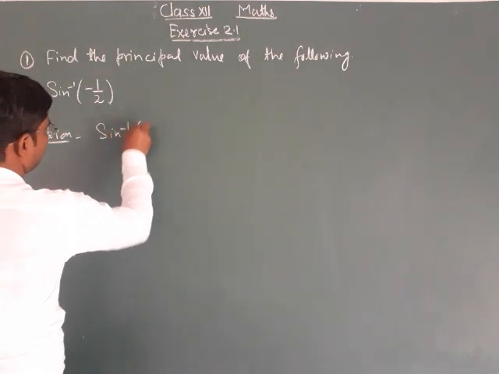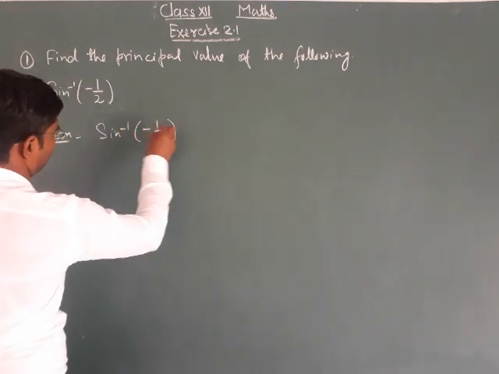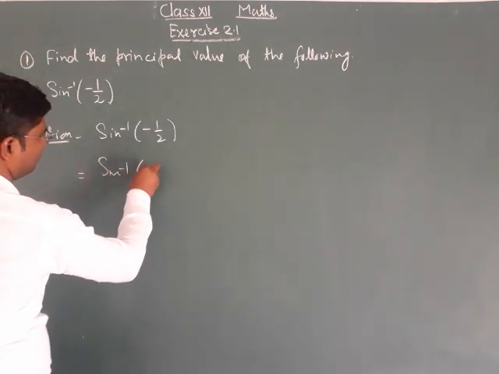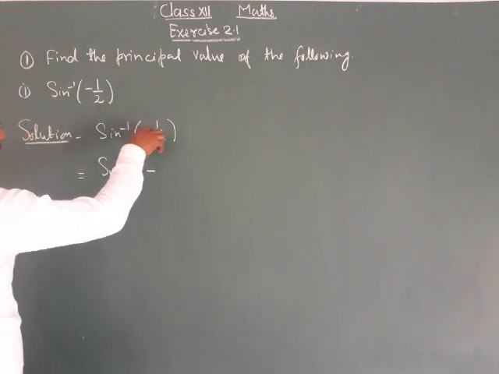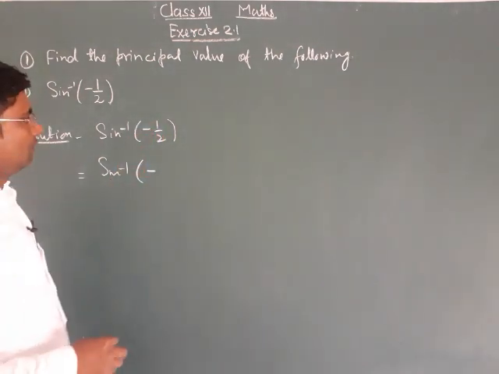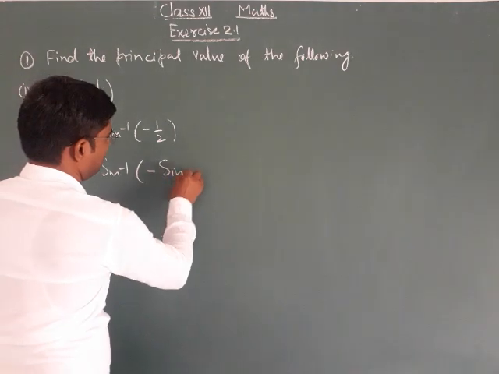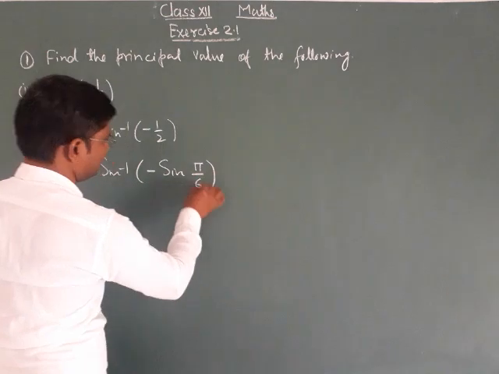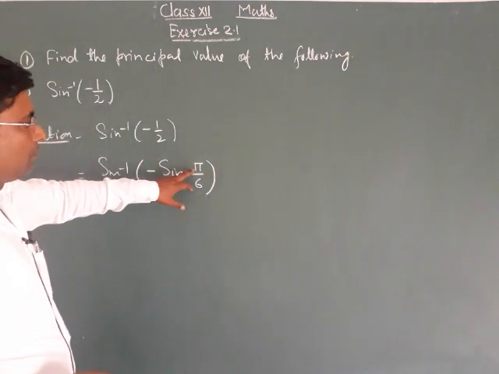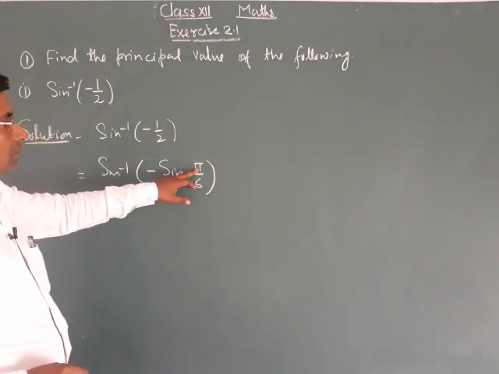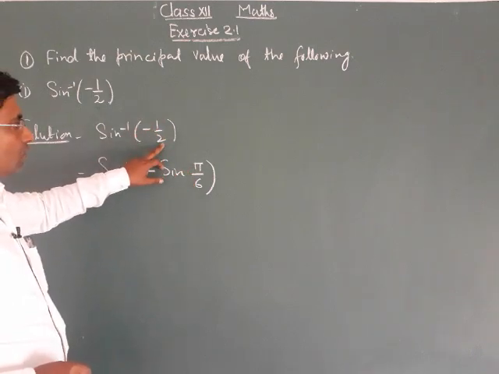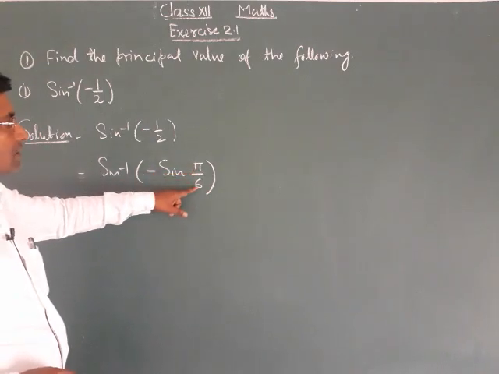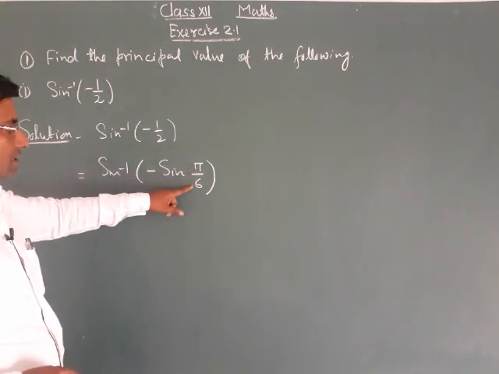Sine inverse of minus 1 by 2 is equal to sine inverse of minus sine of 30 degrees, since the value of sine 30 is 1 by 2. Changing into radian, 30 degrees is pi by 6.